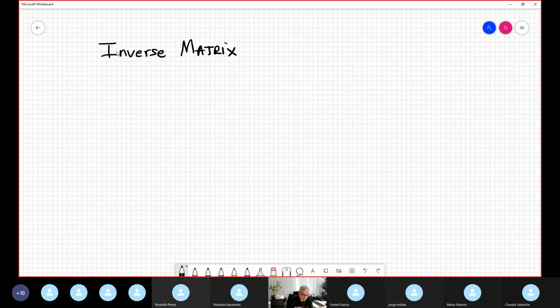Okay, the inverse matrix is one matrix. Suppose you have a matrix given, one hypothetical example: 3, 5, 1, 2. I don't want to complicate my life doing by hand 3 by 3, 4 by 4. Those we do in the software. By hand, 2 by 2 is okay.